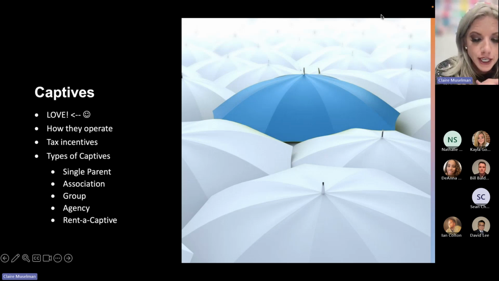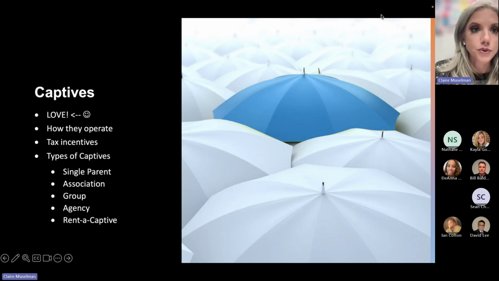Now, captives satisfy the need for companies in high risk industries where a lot of normal insurance companies might charge them ridiculous fees and expenses. So some companies can assume more of this risk.